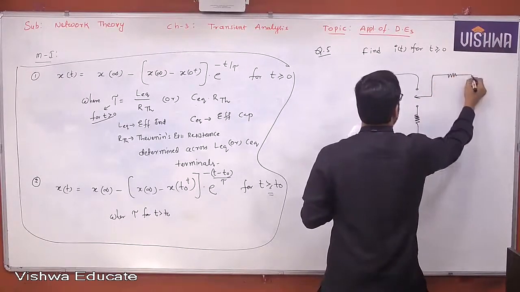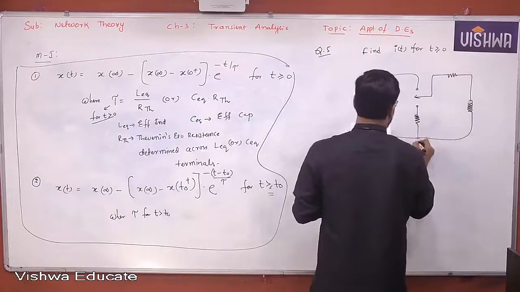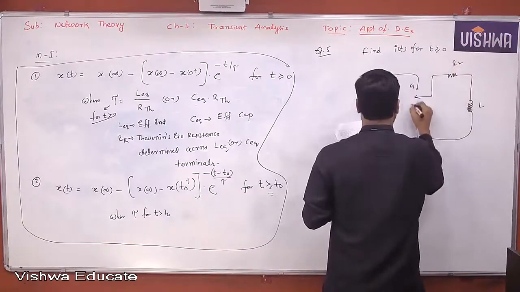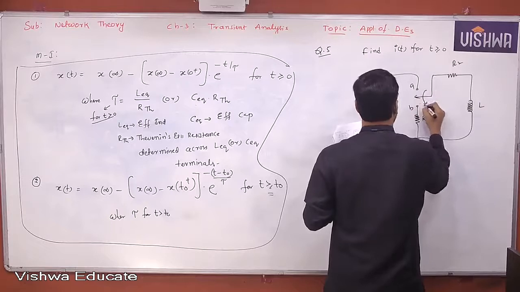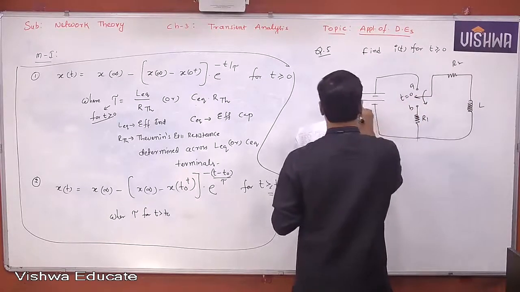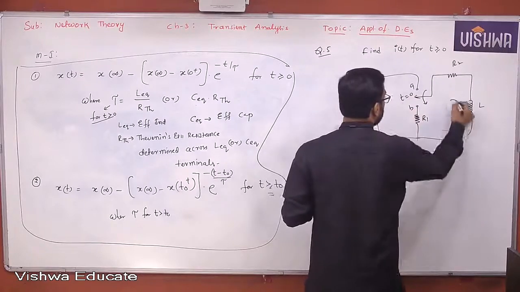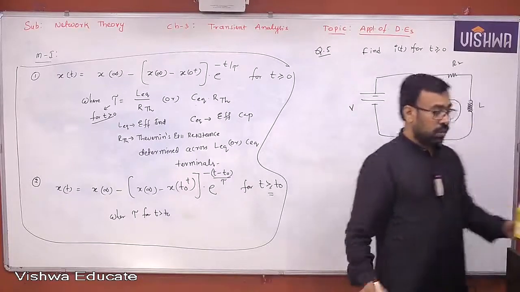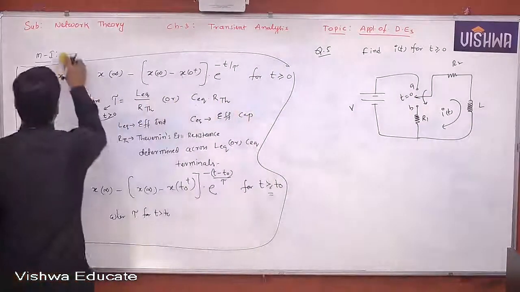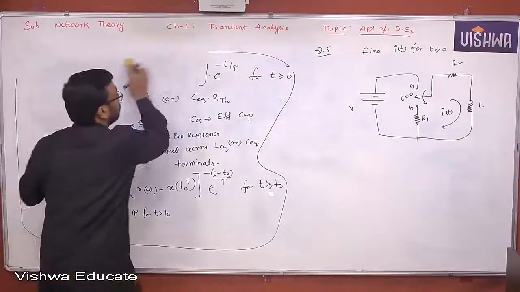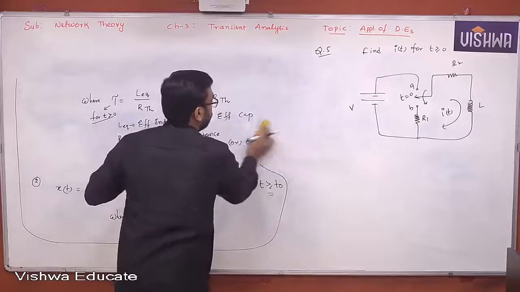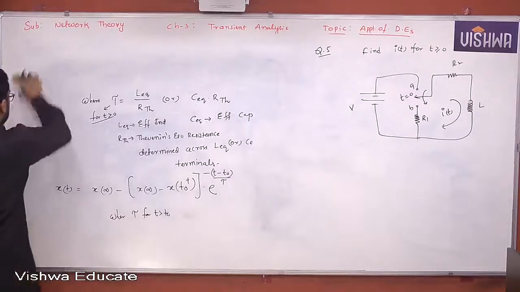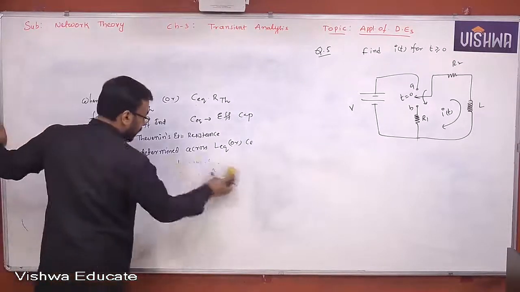The switch is moved from A to B and we are expected to determine I of t here. Okay, all of you? I think you have finished this part, right? You can solve that.